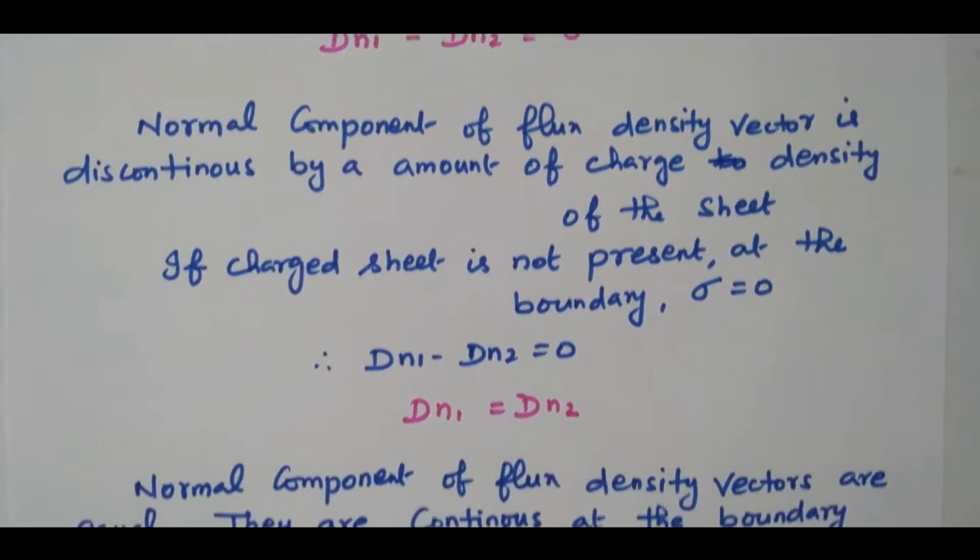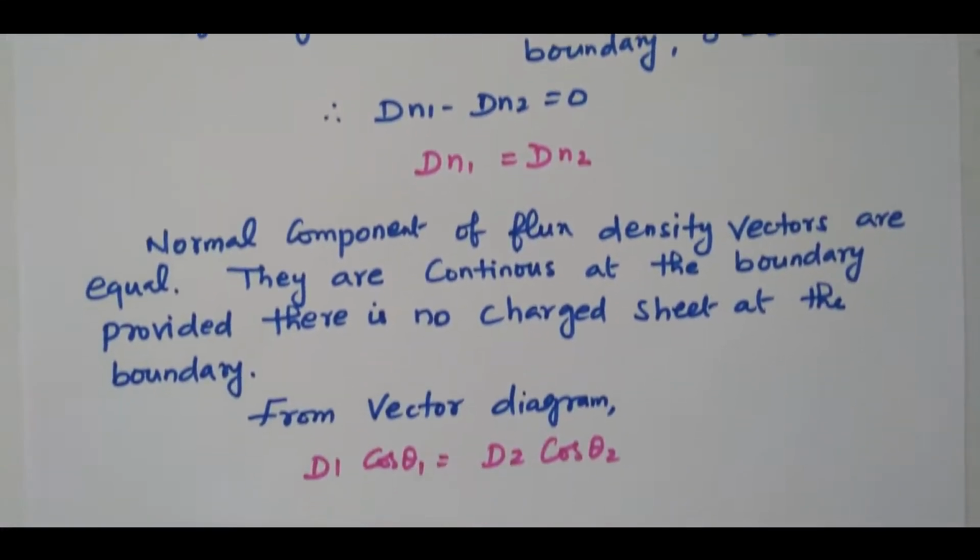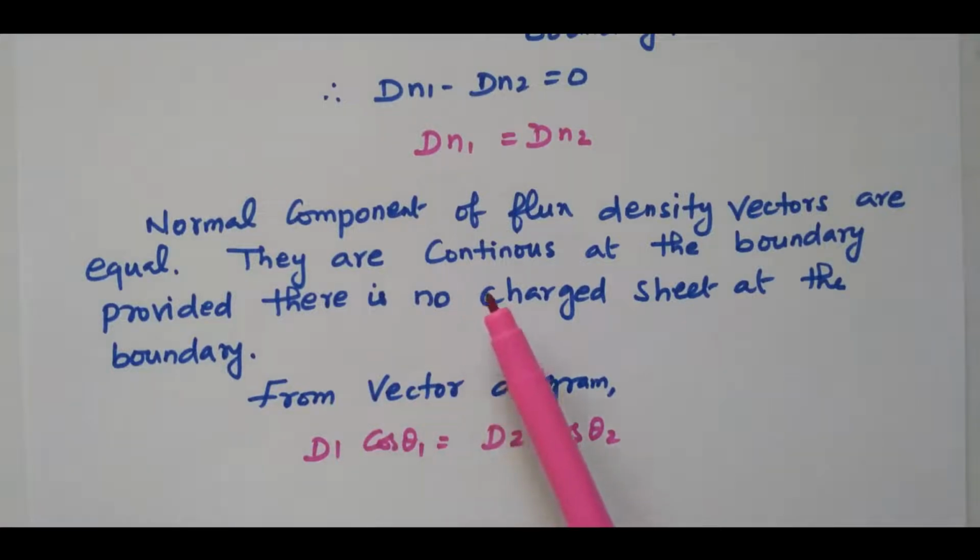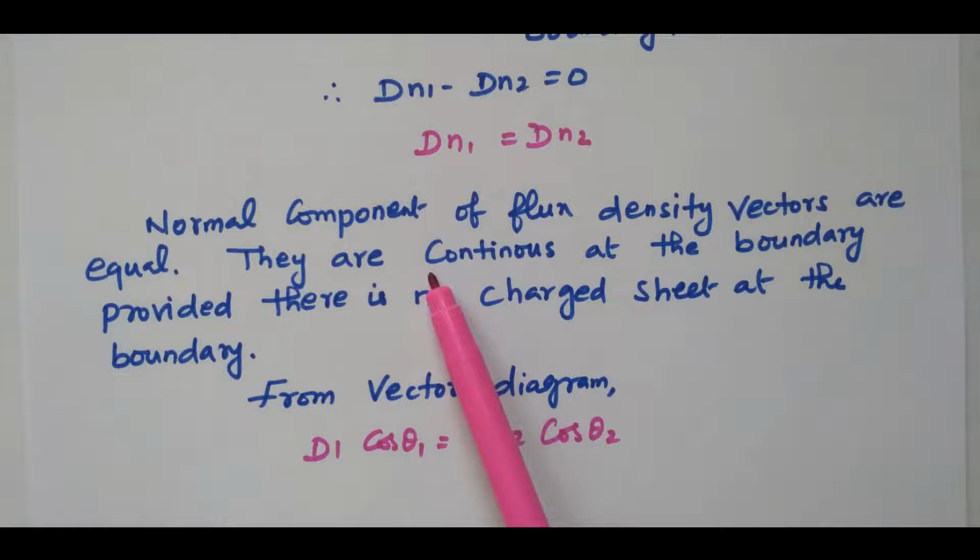Now the statement is given: normal components of flux density vectors are continuous at the boundary provided there is no charged sheet at the boundary. How do they become continuous? Only if there is no charged sheet at the boundary. From the vector diagram we can write this relation: D1 cos theta1 equal to D2 cos theta2.